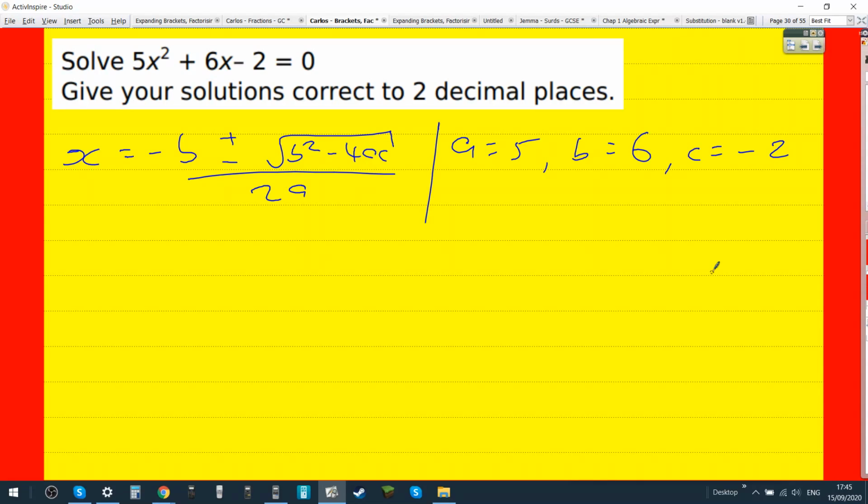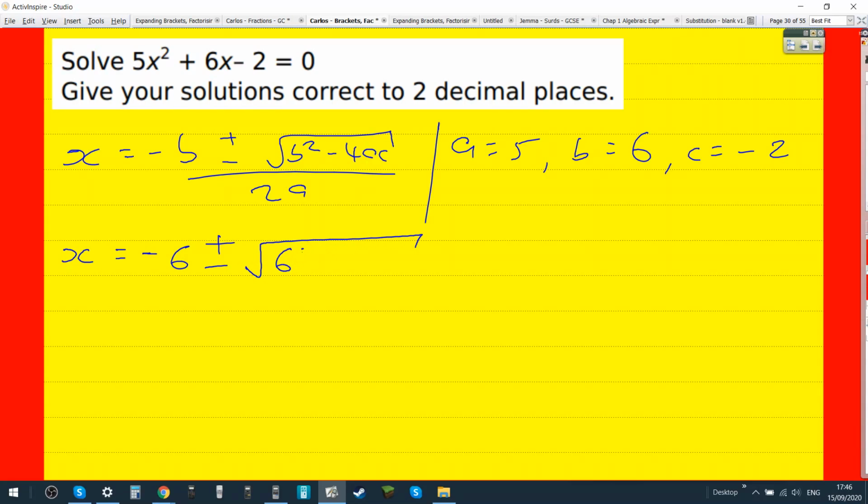And so what goes into the calculator? Try this one. Okay. So what goes into the calculator is minus 5. B isn't 5. Oh, minus 6. Yeah. Plus or minus. Plus minus 6 squared.